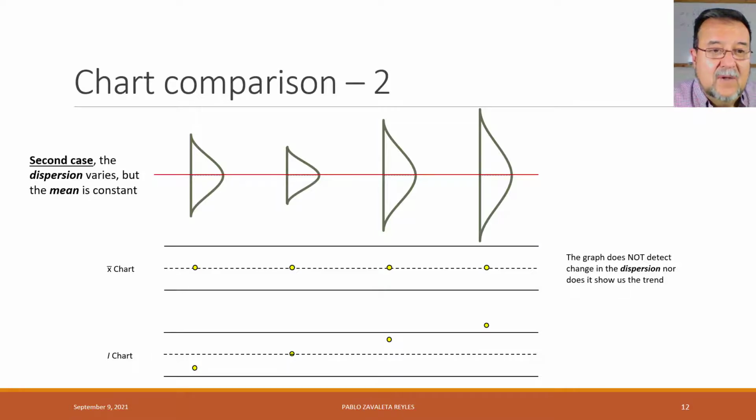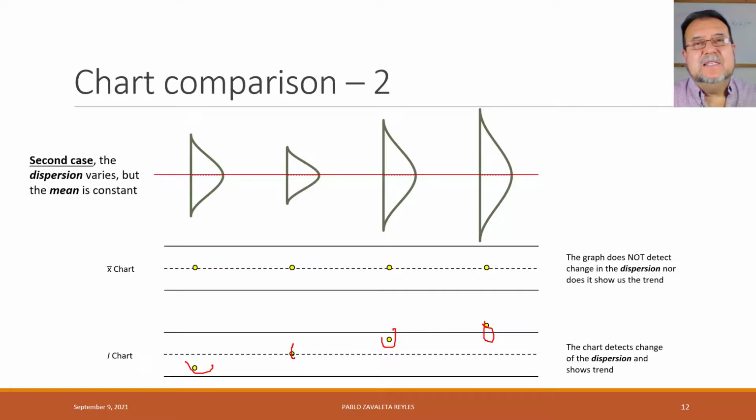However, the R chart, yes, it will show us what's going on. So, as you can see, we need to use both charts in order to be able to detect very quickly what's going on.